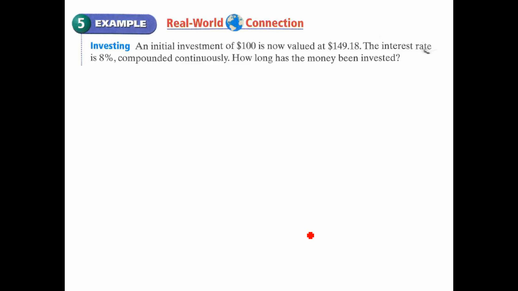All right, let's remember our formula for investing. A equals P times e to the rt. An initial investment of $100, that would be our P, is now valued at $149.18. So that's how much the A is, the total value. And our rate is 8%, so we're going to write 0.08 times t. So previously we wouldn't have known how to solve this, but now we can.